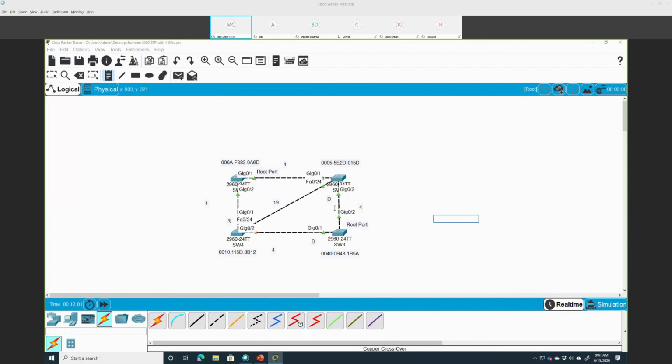But if I change any of these links right here, this one or this one, to fast Ethernet, then it's going to be different. All righty. I wouldn't need this one. Let's see what else they say.